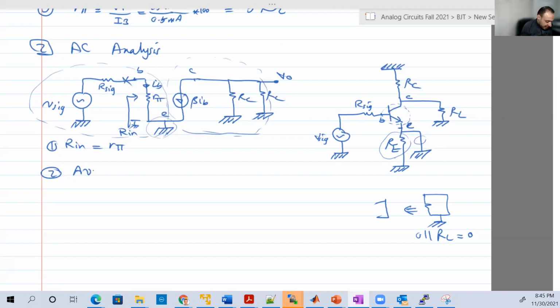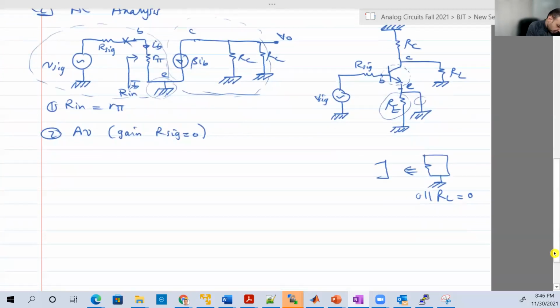Okay, so AV is the gain when our signal equal to 0, and RL is there, so we can just make our signal equal to 0.